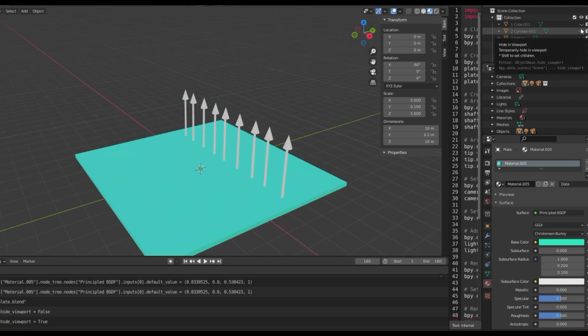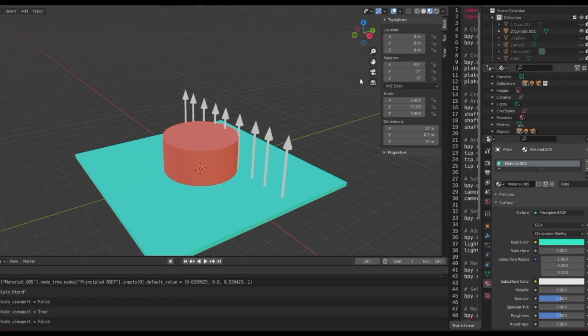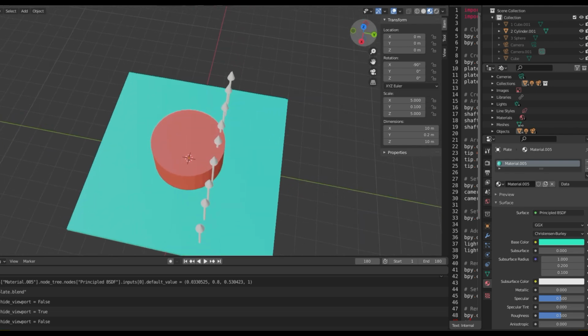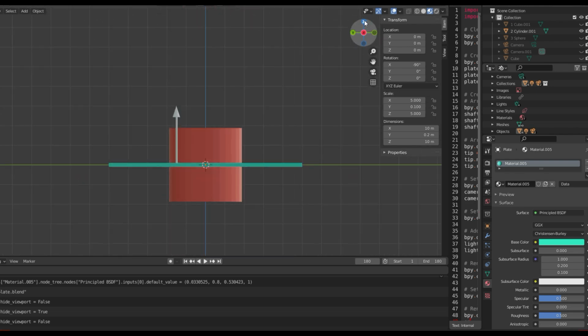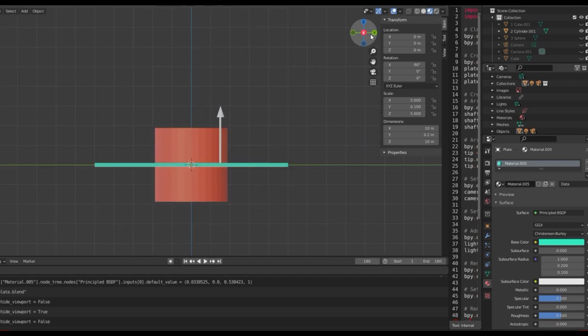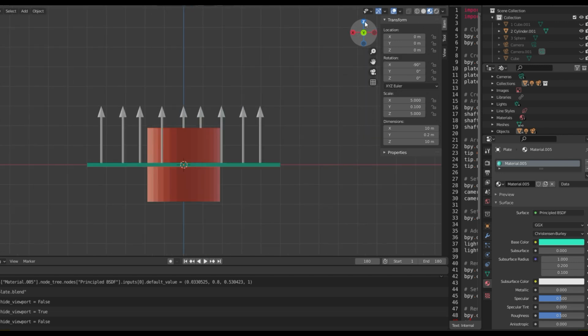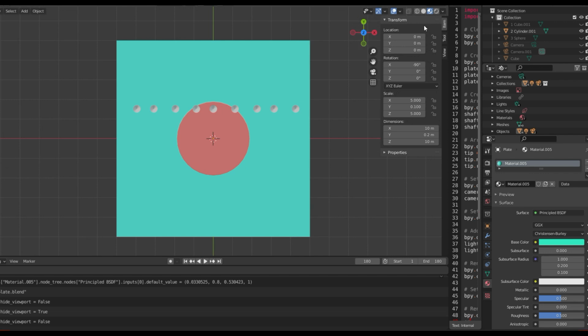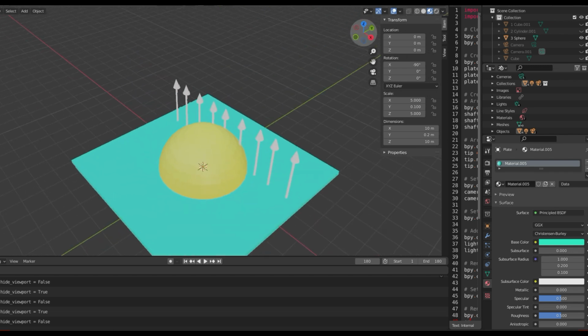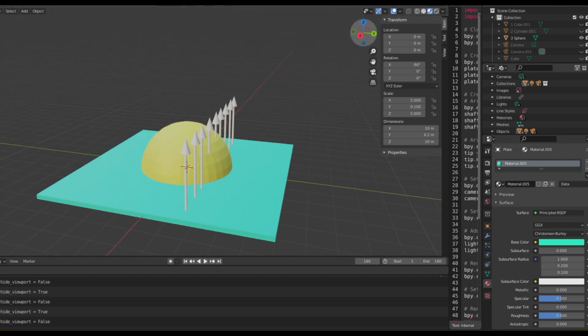Next, a cylinder. Next, a sphere. So which is the best option? Yes, either a cube or a cylinder. Both are good enough.